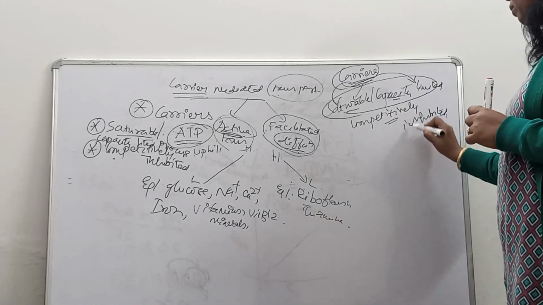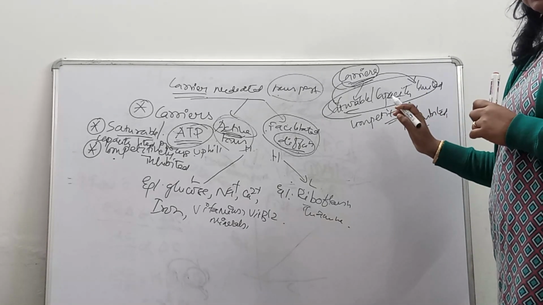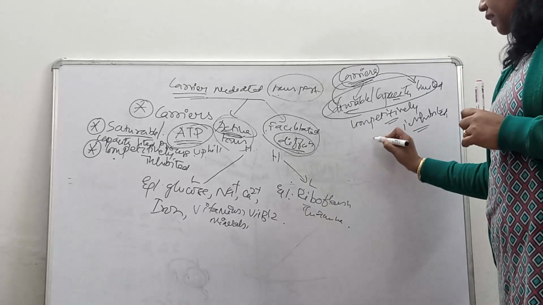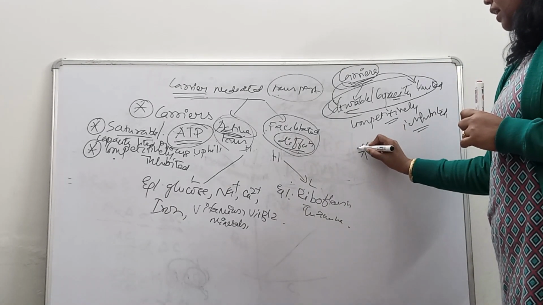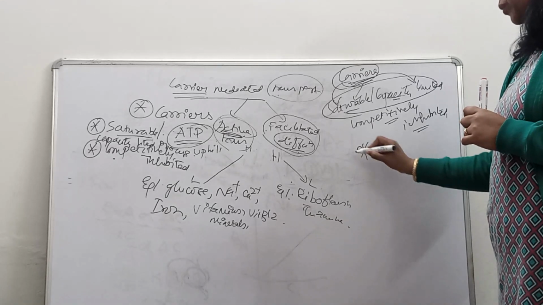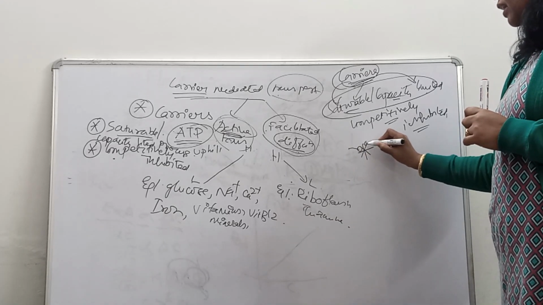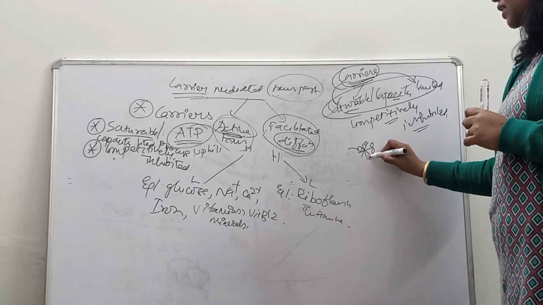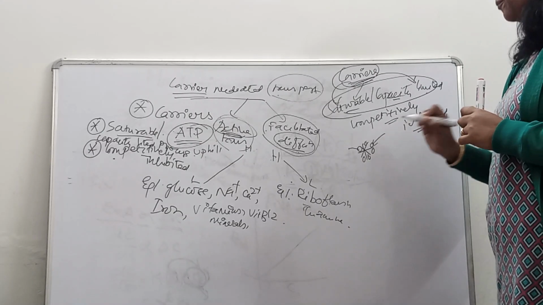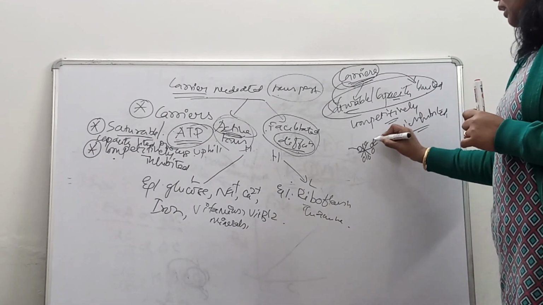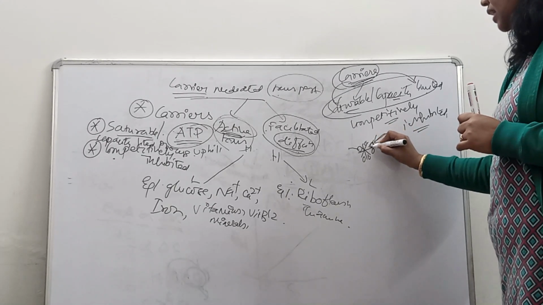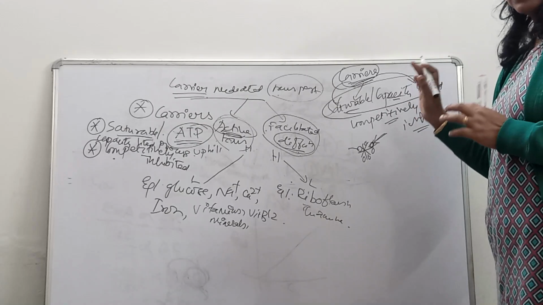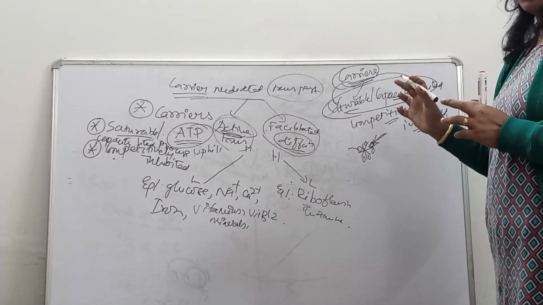Now what does competitively inhibited mean? Say, for example, this is the carrier where the drug has to bind. The carrier has some active sites where the drug can bind, and for the drug to bind with this active site it must have some binding affinity.